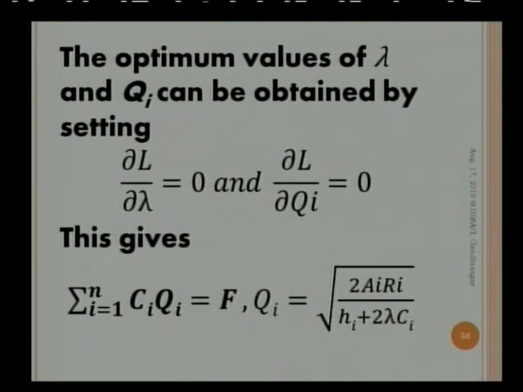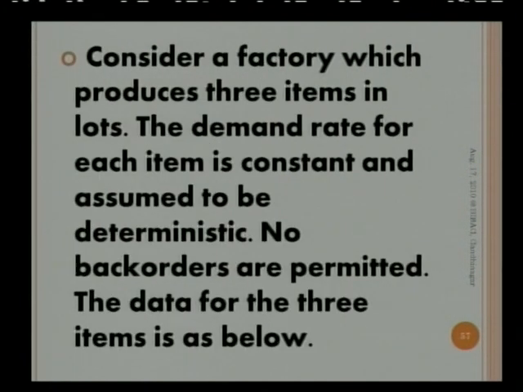That says total cost will be minimum when the total fund available is equal to sigma Ci Qi, and if I procure quantity Qi equal to square root of 2 Ai Ri upon Hi plus 2 lambda Ci. So if you look at Qi, the denominator says that Lagrange's multiplier and purchase cost both constrain it.